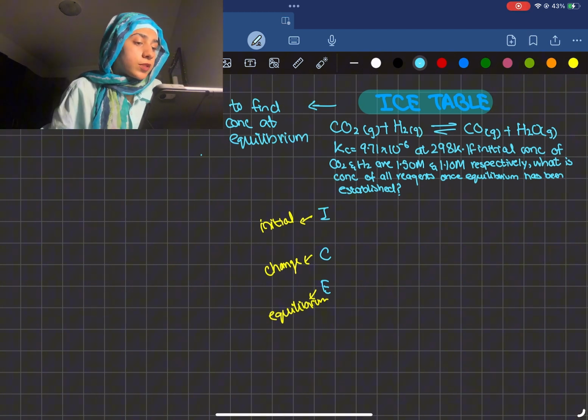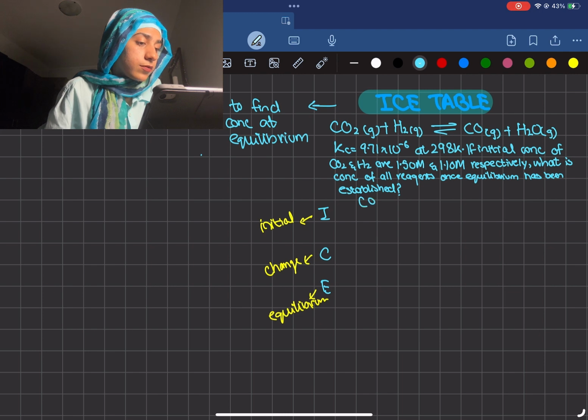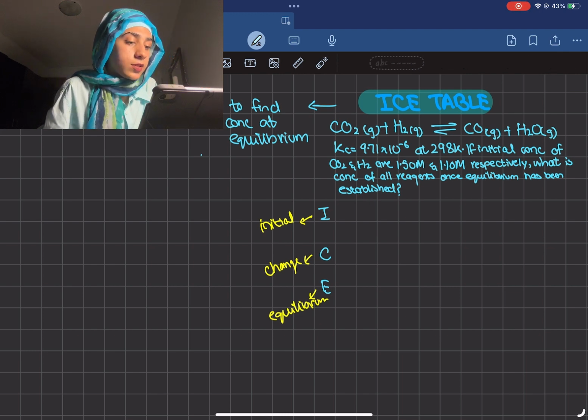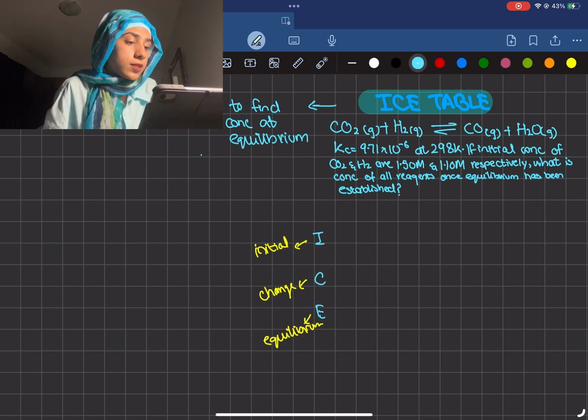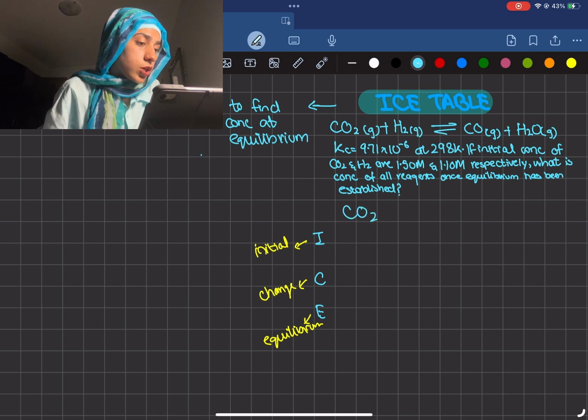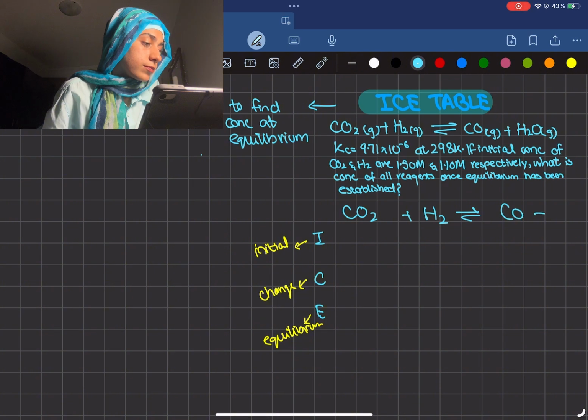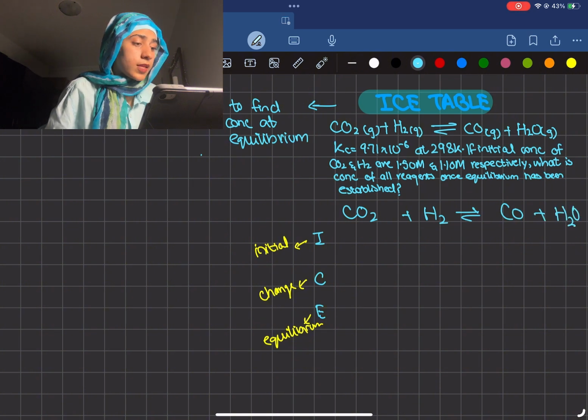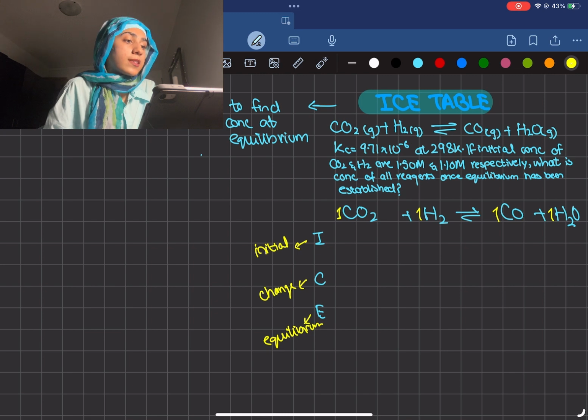So for starters, to make it easy for us, we can just write the equation on top here. The equation is already balanced, so the moles here are 1, 1, 1, and 1. So you don't need to balance it.